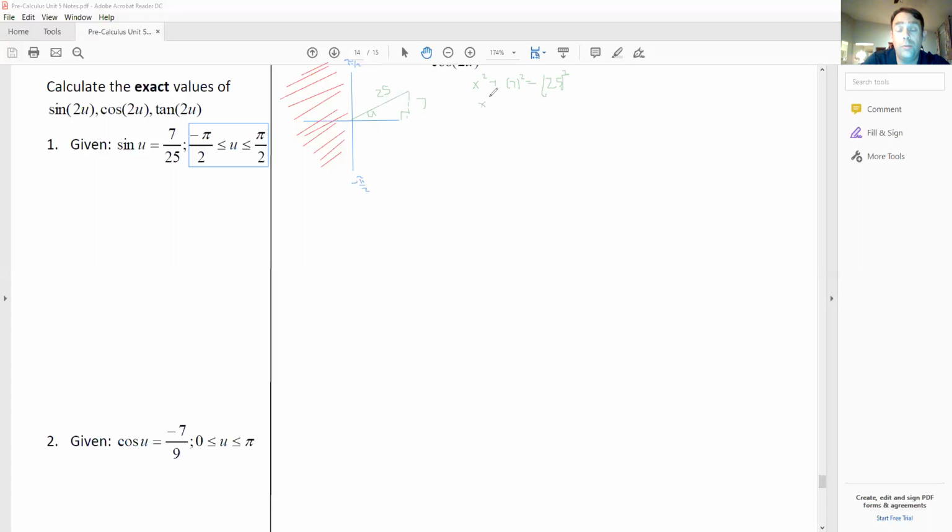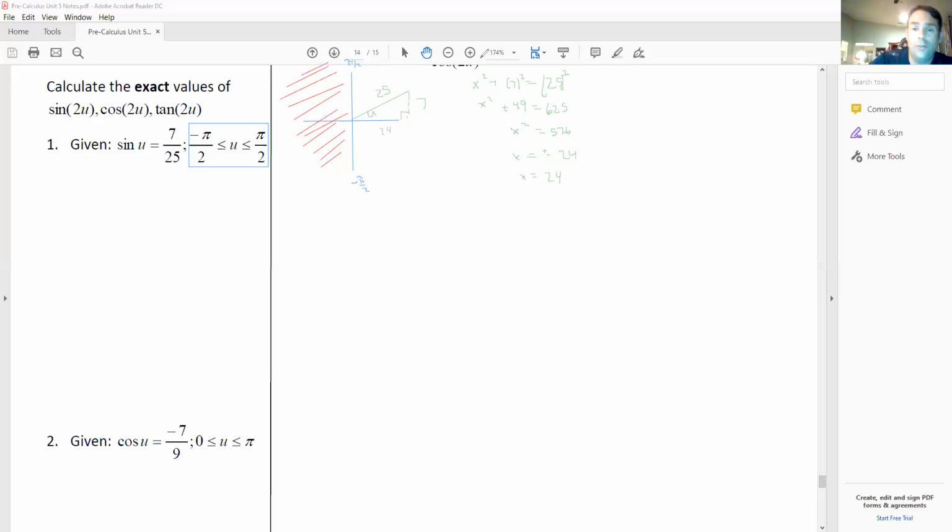So x squared plus 49 equals 625. So x squared equals 576. And then we're going to take the square root of both sides. So x equals plus or minus 24. And then looking at where we're dealing with, we're on the positive side of the x-axis, so that's going to be a positive 24.